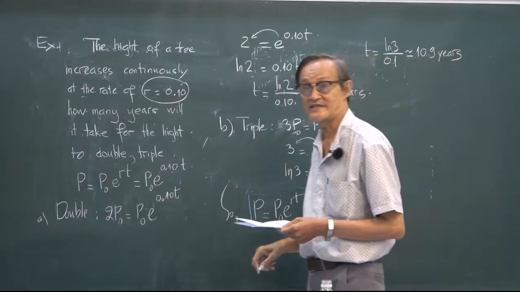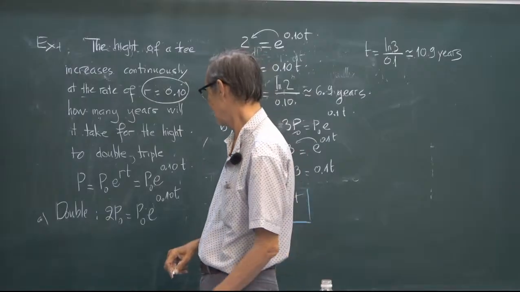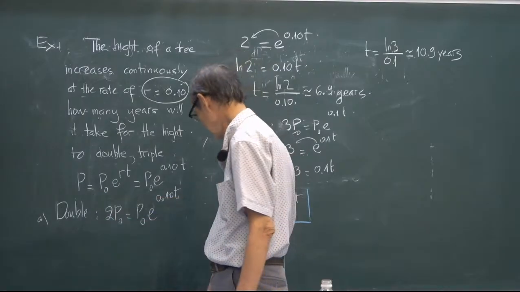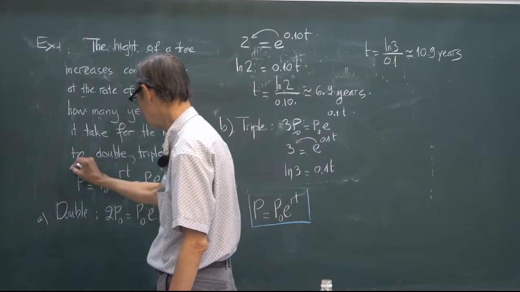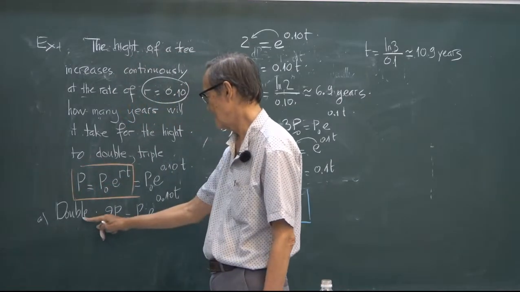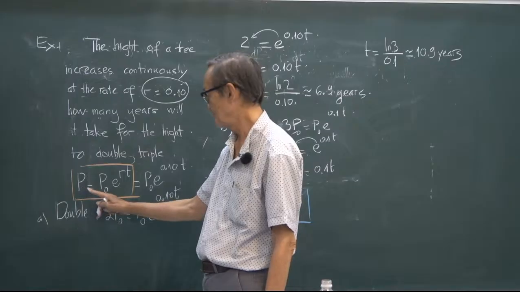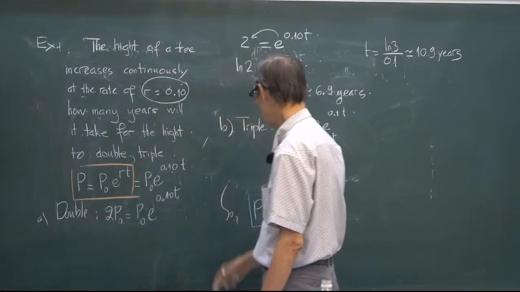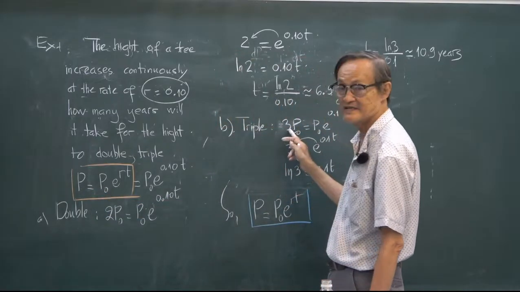Very easy. Use this formula: double 2 V0, triple 3 V0.